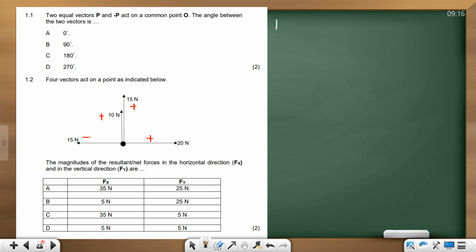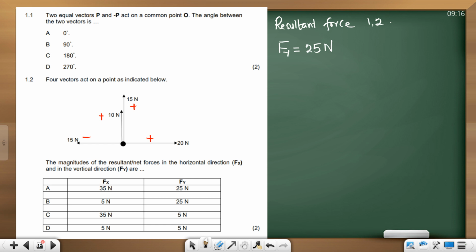So we want to look for the resultant force in question 1.2. What do you notice? There are two forces pointing up, right? Good. It means that our Fy is 25 newtons. Does that make sense? Yes. Do you guys still remember how we got the 25? Yes. Good.